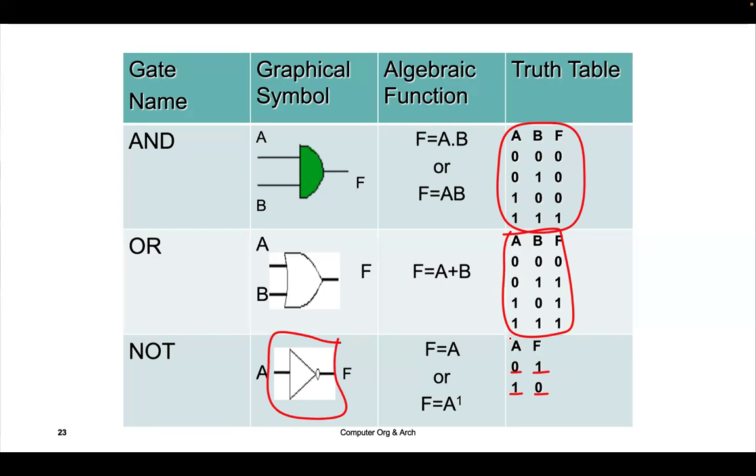So on the truth table there, we have graphical, algebraic, and truth table. I thought that F is an output of A and B. Also, F is included in the table.